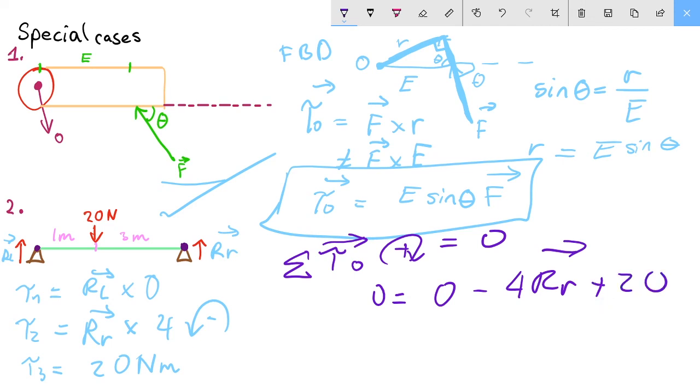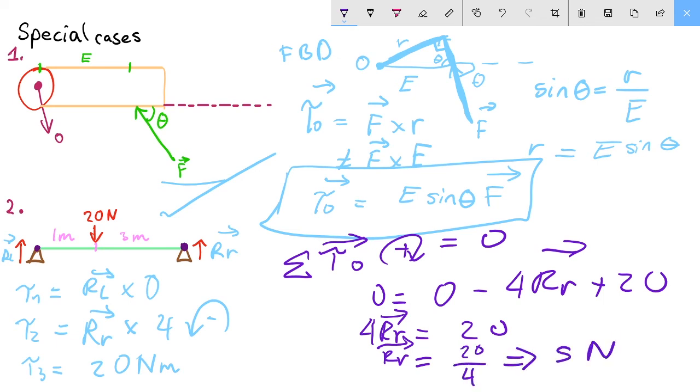So 4RR equals 20. Therefore RR as a force will equal 20 divided by 4, which is just 5 newtons.